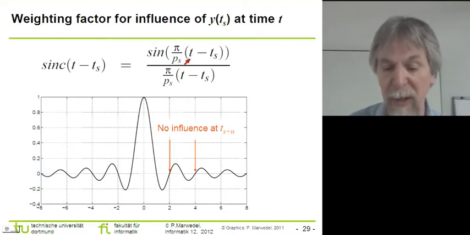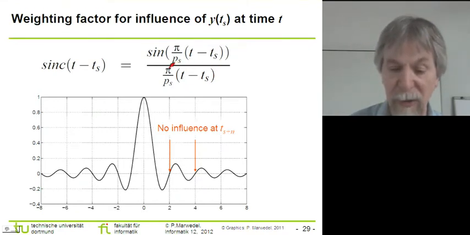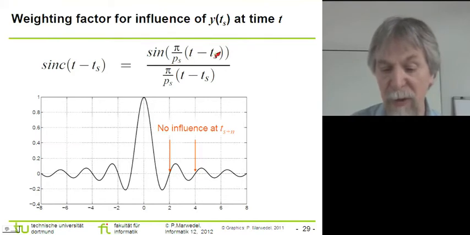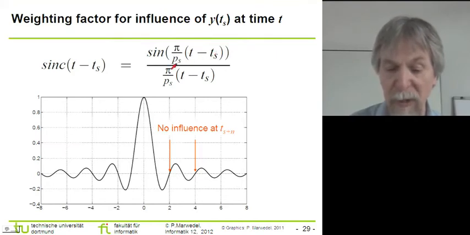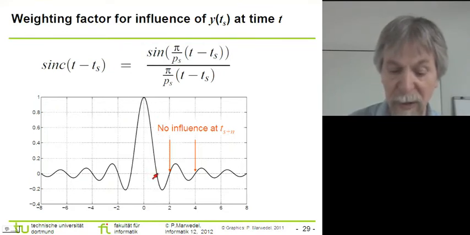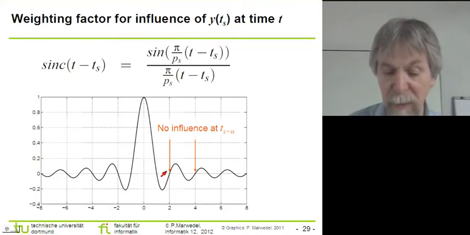That means where this expression is a multiple of the period. So whenever this expression is a multiple of the period, we have zeros. This is shown down here for the case where the period is 1 in this little graph, and there you see that for integer values there, this weighting factor actually has zeros.